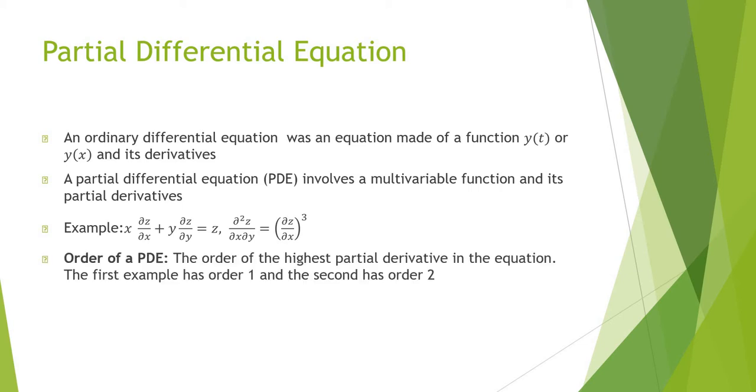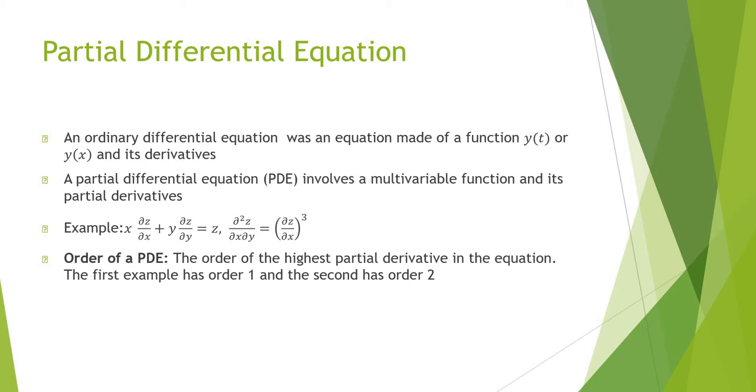Now, just like for ordinary differential equations, partial differential equations also have order and degree. The order of a PDE is the order of the highest partial derivative in the equation. In the first example above, all the derivatives are of first order, so this PDE has order 1.